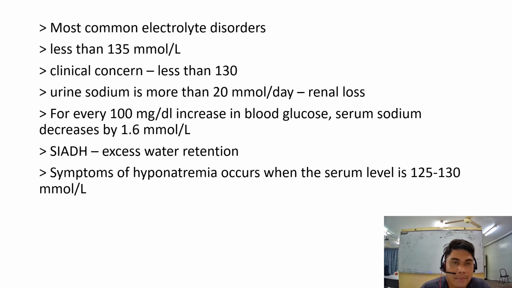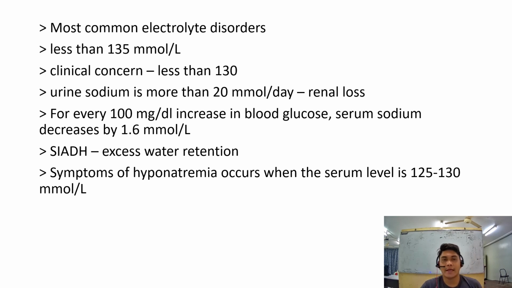Regarding hyponatremia, it's the most common electrolyte disorder. If the sodium concentration is less than 135 millimoles per liter, that's hyponatremia. It's a clinical concern if the sodium concentration is less than 130.